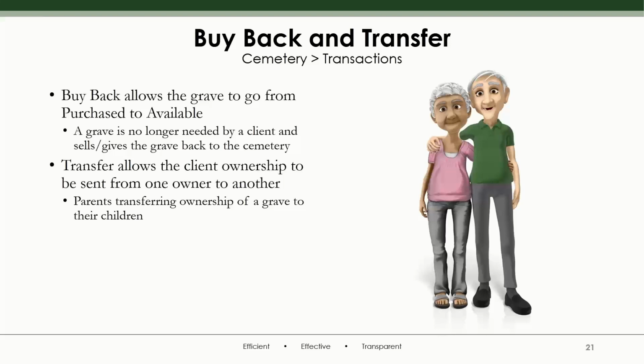A buyback will allow graves to go from purchase to available, and that will usually happen when it's no longer needed by the client and they'll either sell or just give the grave back to the cemetery. And then transfers allow the client ownership to be sent from one owner to another. A lot of times that'll happen when parents are transferring ownerships to their children.